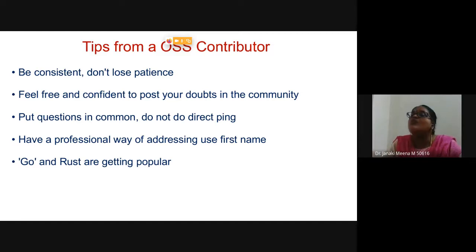Instead, tell what your doubt or concern is. Someone will reply to you, because people will be in different time zones. As we saw in the beginning, people are from different parts of the world. Someone will answer you. So it's not a good practice to ask a particular person. Instead, you must post your question in the common communication channel.